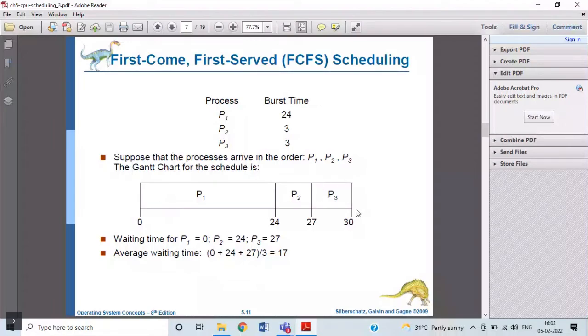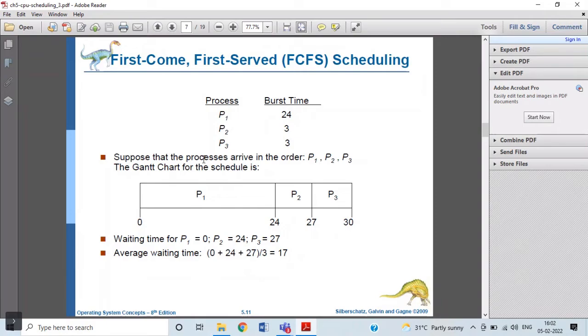In this chart we mention the process names as well as the scheduling time. Since the processes come in the order P1, P2, P3, we execute them in the same order.